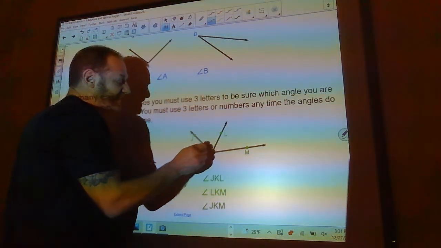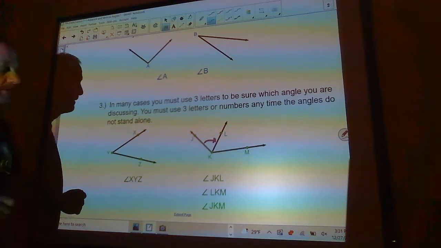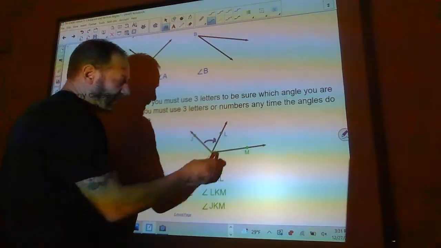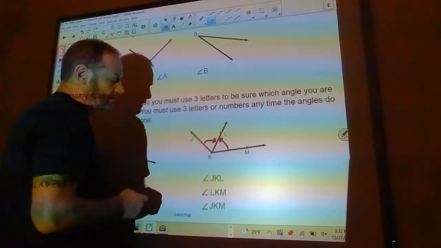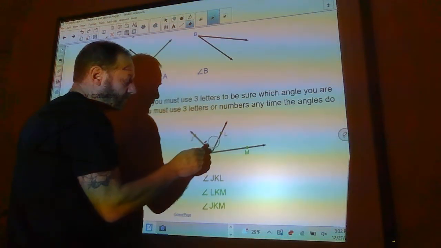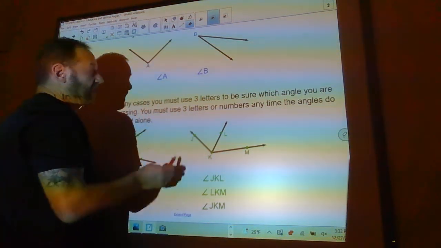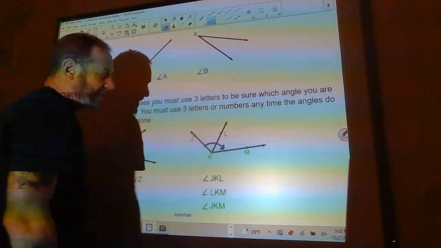That indicates that angle right there, and only that angle right there. Angle LKM, that would be this angle right here. Now here's the other thing that you can get is angle JKM. Okay, JKM is that angle right there.